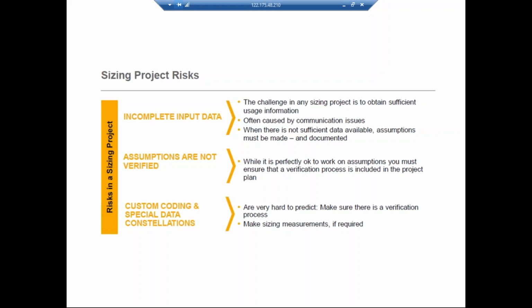That's where the problem comes. It's perfectly okay to work on assumptions, but you have to ensure that a verification process is included in the project plan, a proper verification process, and more importantly, this must be documented.